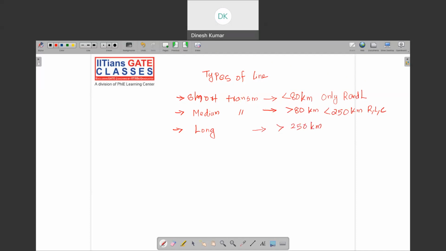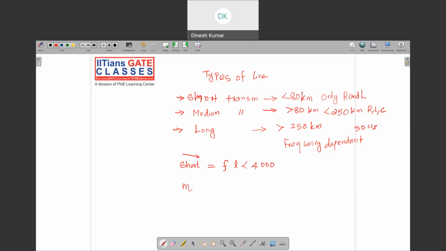Okay. This distance is basically frequency dependent. So this 80 kilometer and 250 kilometer are basically for 50 hertz. If you think this way, then for a short transmission line, f into l should be less than 4000, since 50 into 80 is 4000.